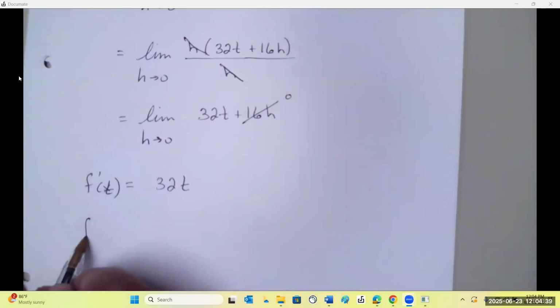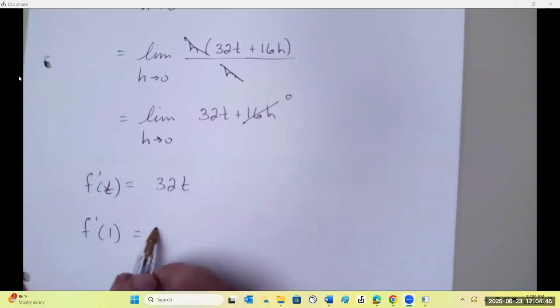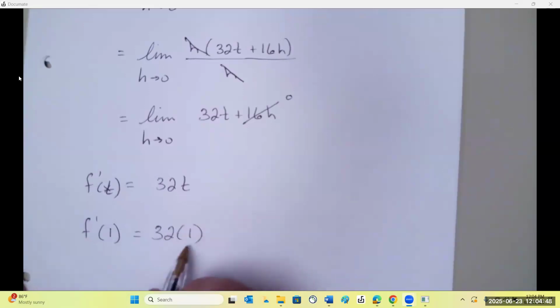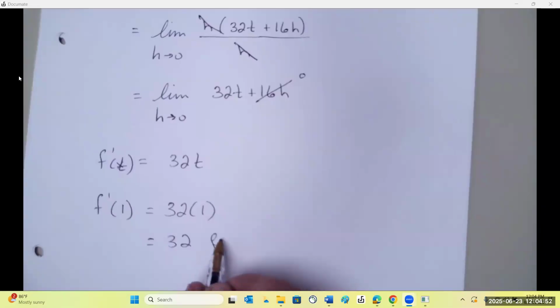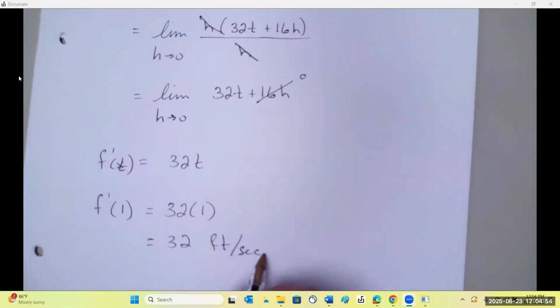So it's asking us, what is the instantaneous rate when t equals 1? Feet per second.